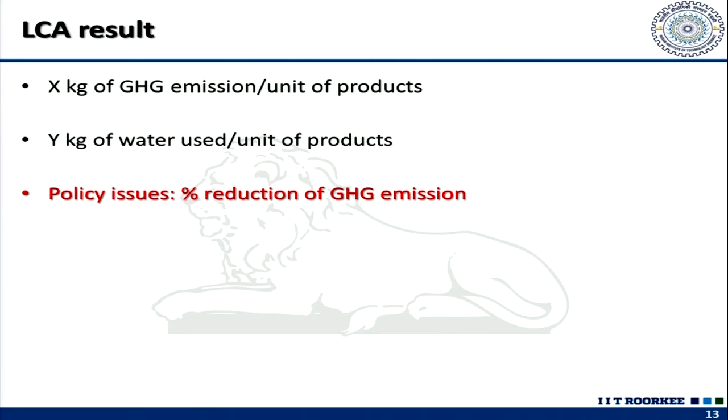Now, for example, when a policy-making agency says, okay, I have to reduce the greenhouse gas emissions for a particular product by so and so percent, does it mean anything to me? It is certainly very vague to state a percentage reduction of GHG emissions, because your numbers are so variable.